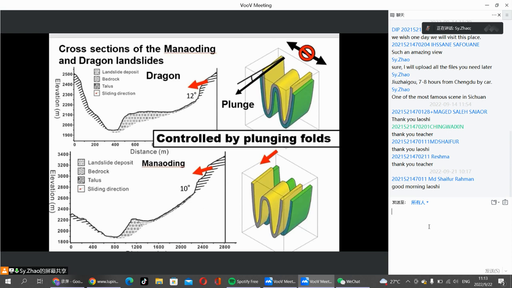And this can strongly prove that these two landslides were controlled by the plunging condition of the structures.